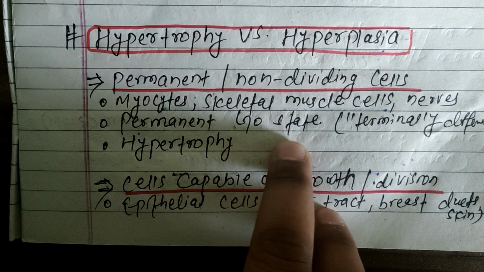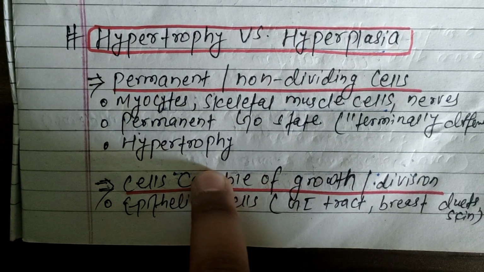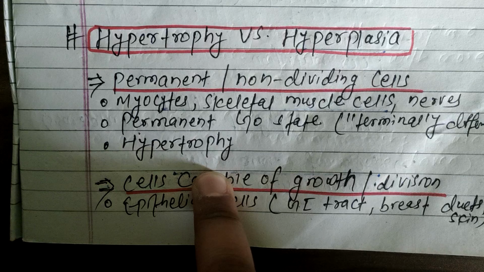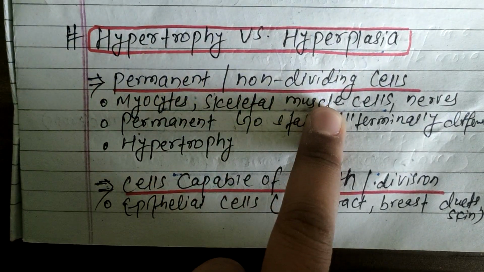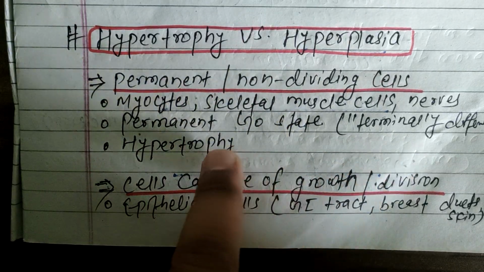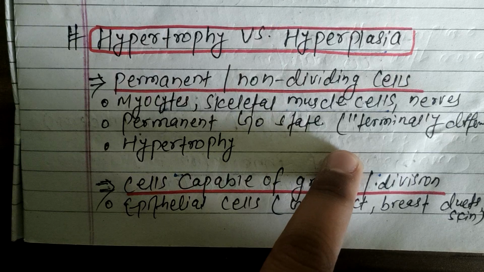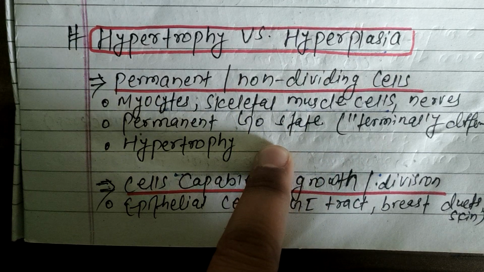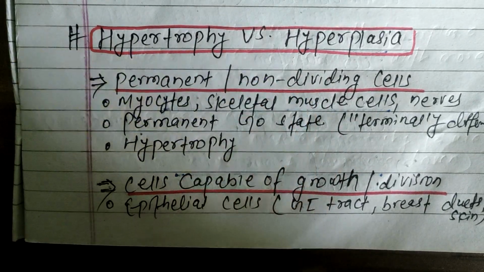They are permanently in the G0 terminally differentiated state, and this is why hypertrophy occurs in them. So hypertrophy occurs in permanent or non-dividing cells. Examples are myocytes, skeletal muscle cells, and nerves, which are permanently in the terminally differentiated state. They do not divide further, and this is all about hypertrophy.